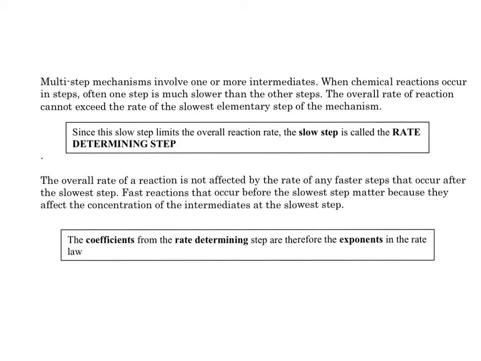The overall rate of a reaction is not affected by the rate of any faster steps that occur after the slowest step. Fast reactions that occur before the slowest step matter because they affect the concentration of the intermediates at the slow step. The coefficients from the rate determining step are therefore the exponents in the rate law.